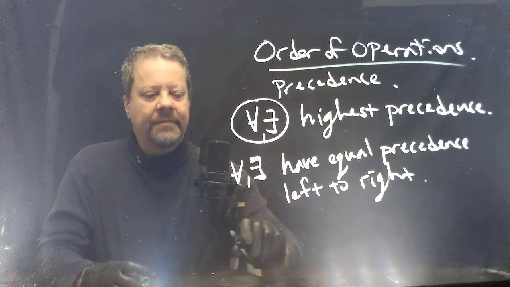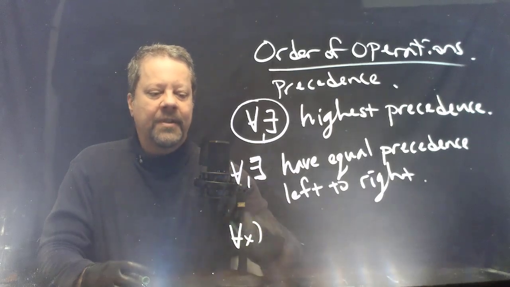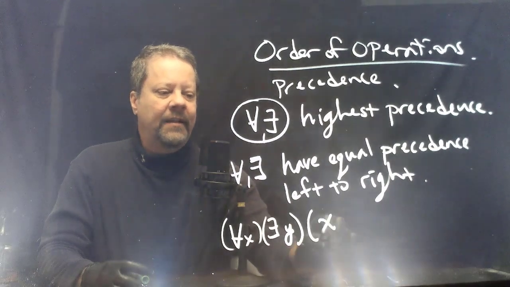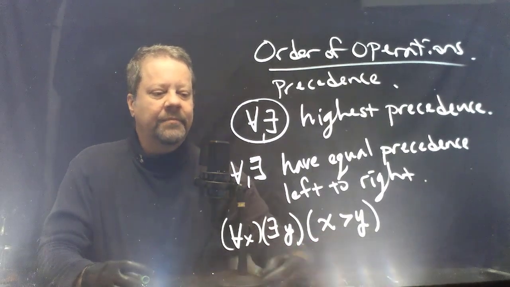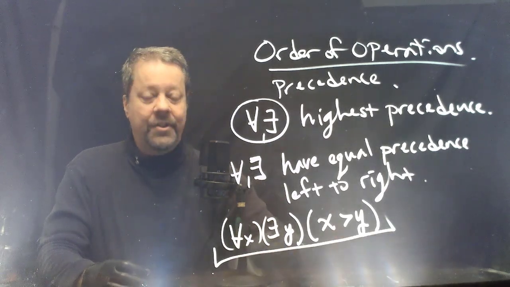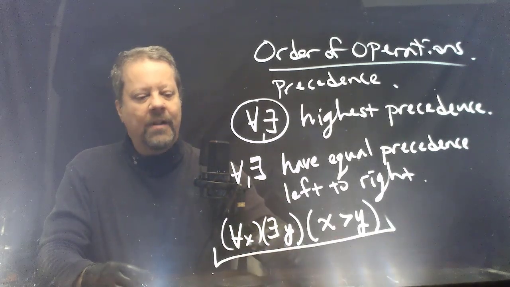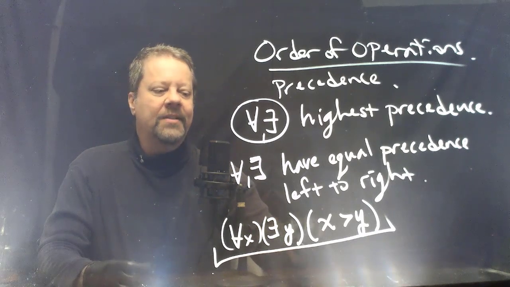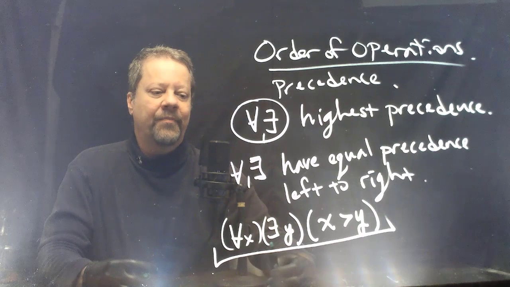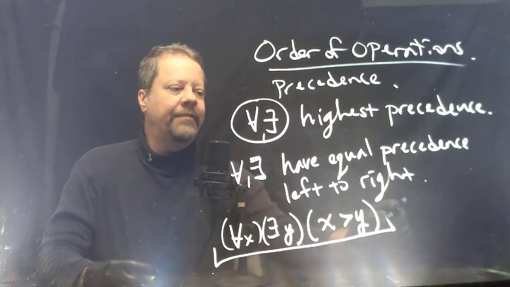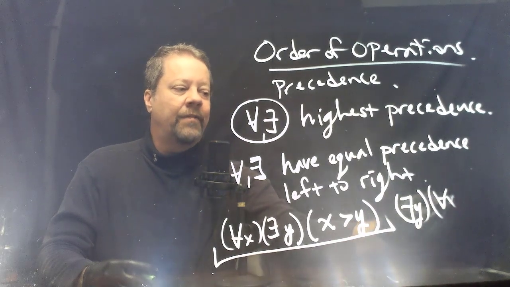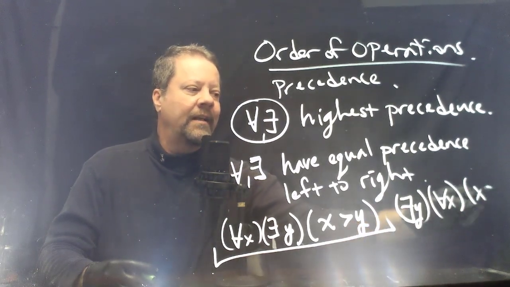So if I write, for all x, there exists y such that x is greater than y, then this would be read in just that way. For all x, there will exist a y, so the precedence is for all first and then there exists. That's a little bit different from there exists y such that for all x, x is greater than y.